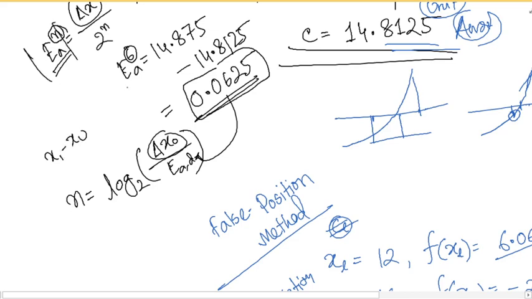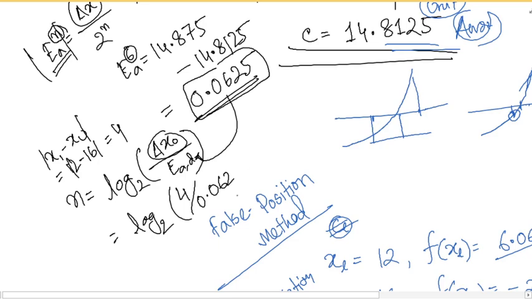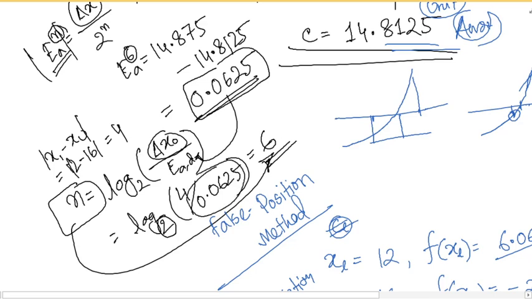We always need to use the absolute value in the logarithm as well. So log base 2 of XL 12 minus 16, that is 4, divided by 0.0625. Using your calculator, with the base of log being 2, if you calculate this, you will get 6. That means n equals 6 to obtain this amount of absolute error. So this was the significance of the slide I have shown. Now you can easily understand this.